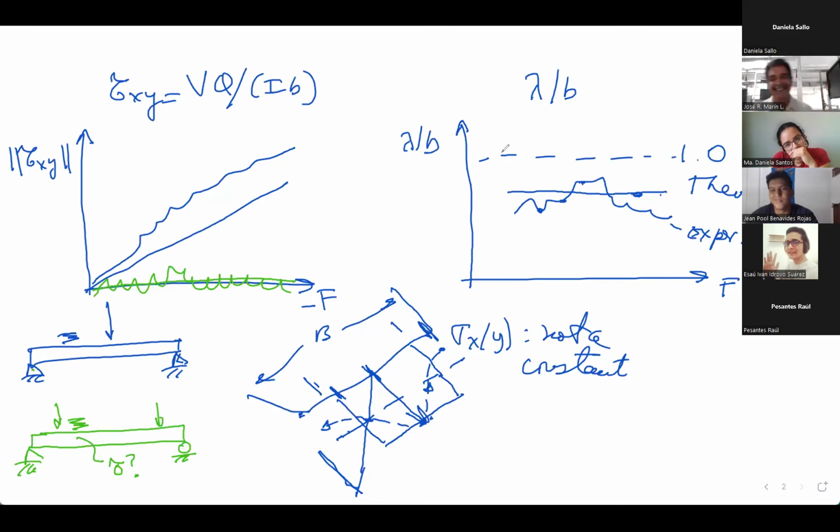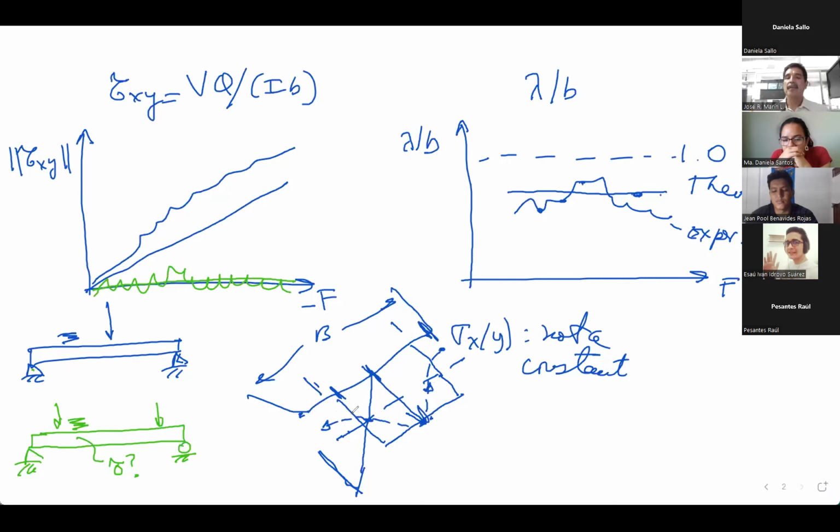Lambda over B, still there are normal stresses, so we can calculate that even in the two cases. Okay, see, in this figure, you have this influence, this difference, I mean, this distribution, because we have the influence from the shear stress.